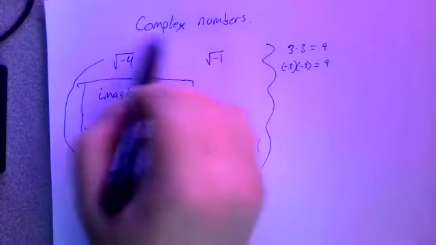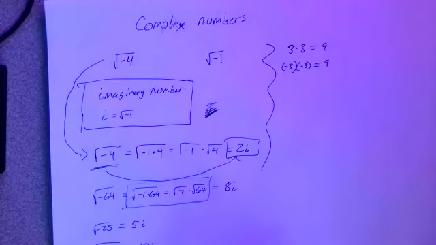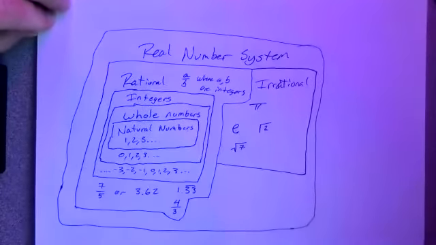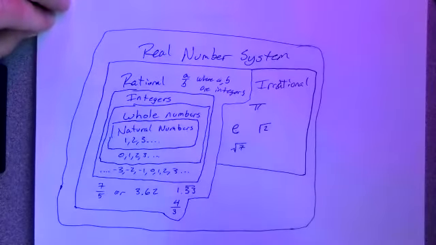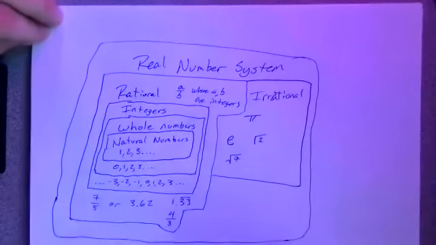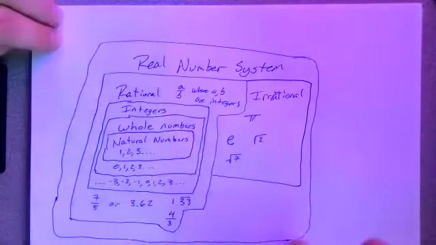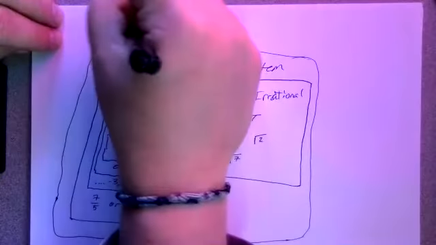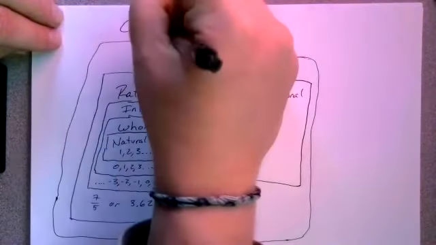Now, what does that mean about complex numbers? Well, let's take a look at our real number system here. Our real number system is actually a subset of the complex number system. So outside of the real numbers, we have what are called complex numbers.